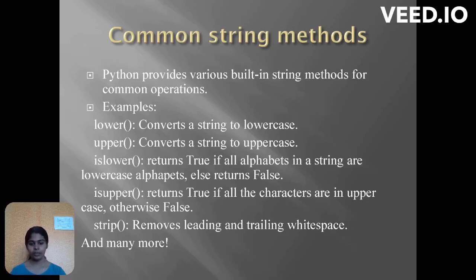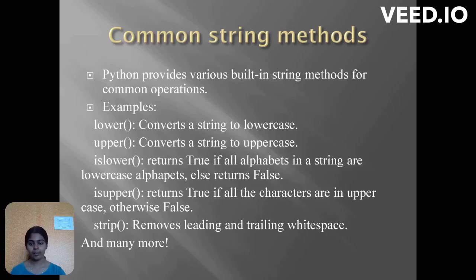We have strip, which removes leading and trailing white spaces. We also have rstrip and lstrip, which are used to remove right and left white spaces respectively. We do have many more common string methods.